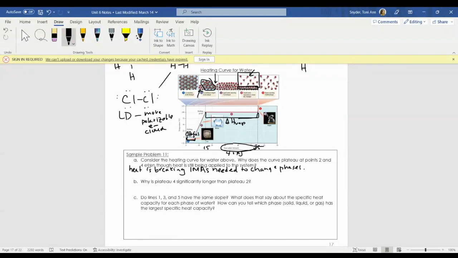So plateau 4 is so much longer because it requires more energy to vaporize water than it does to melt it.